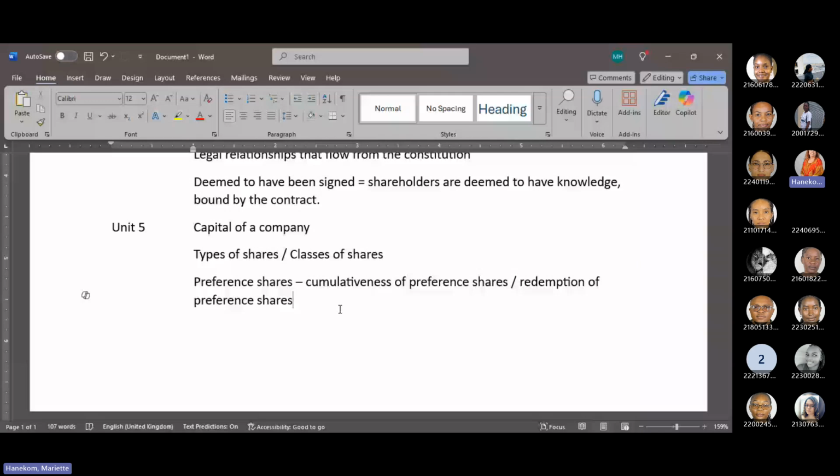So if they want to redeem shares, they have to issue shares to Johnny and use the money Johnny paid, or from profits available, divisible profits, profits available for dividends. So redeeming preference shares does not affect the share capital of the company indicated in its balance sheet. That will remain the same.